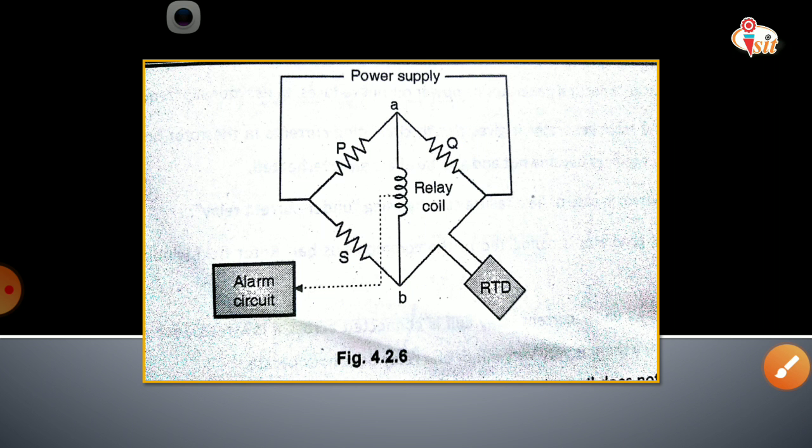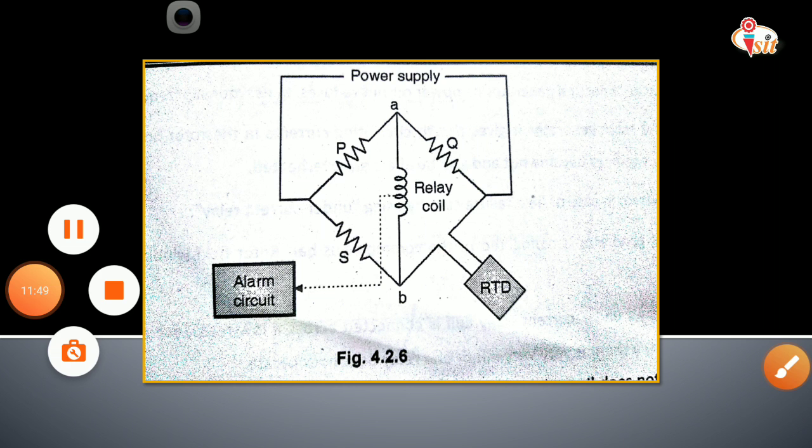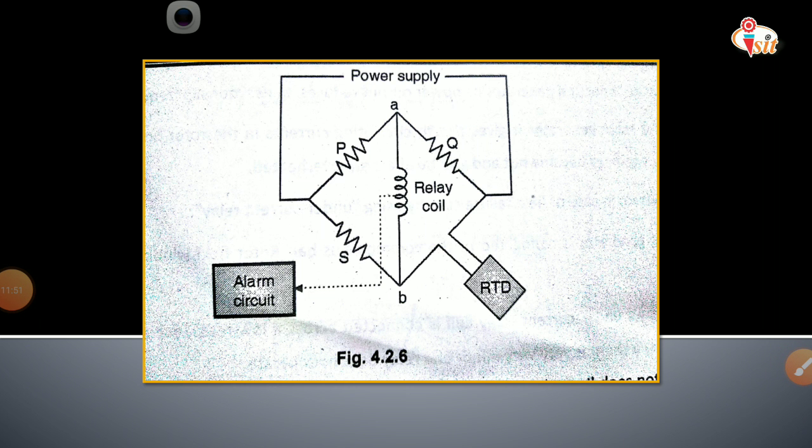So this is the condition for the RTD. Two methods are used for the detection of overheating to provide protection against overheating. The first is a very simple method, in which we monitor the inlet and outlet temperature of the cooling system, and secondly by using the RTD, that is the resistance temperature detector.